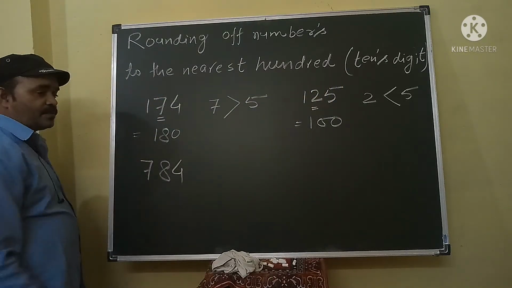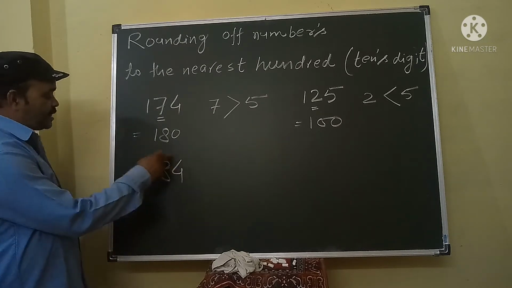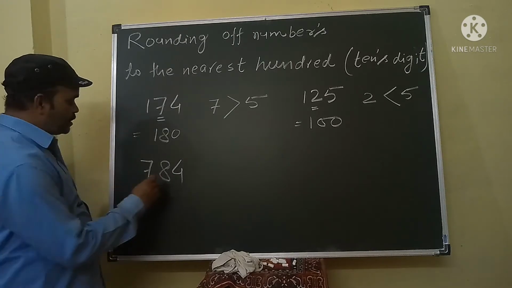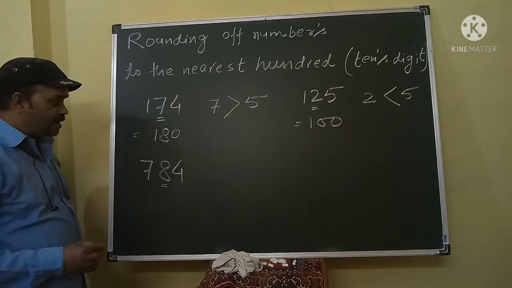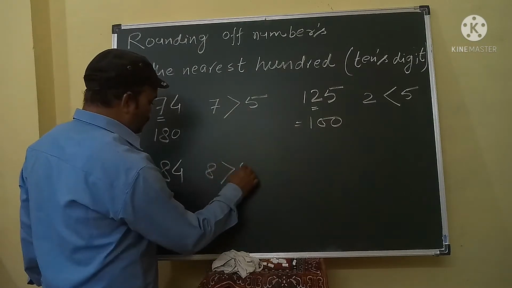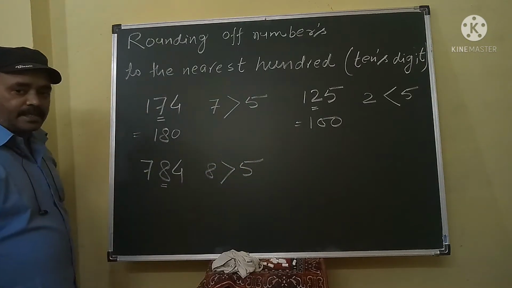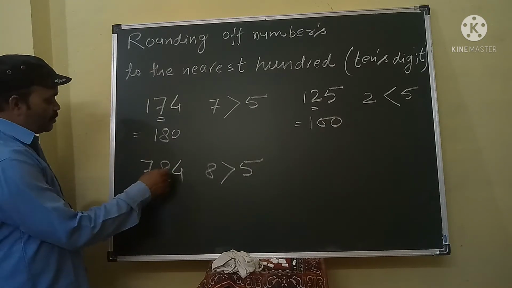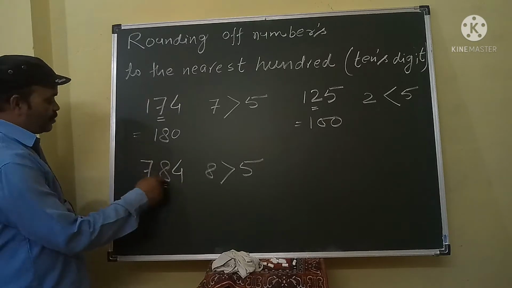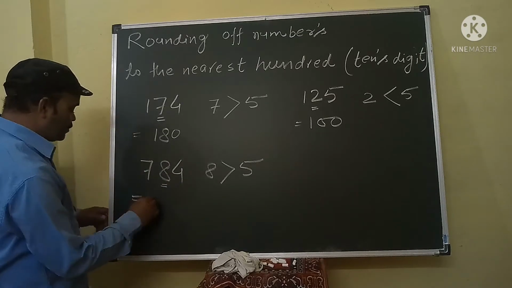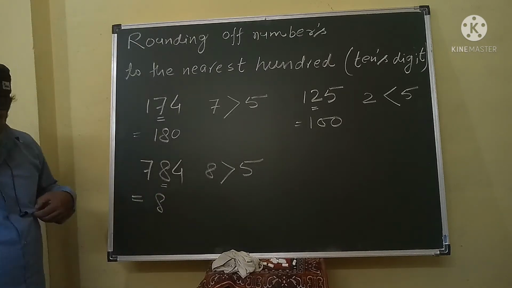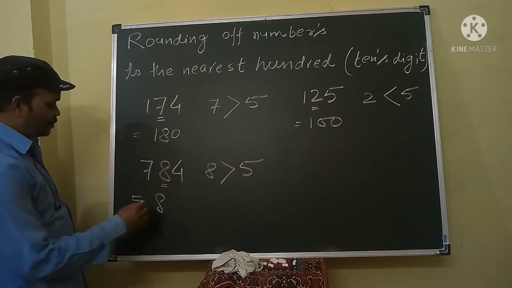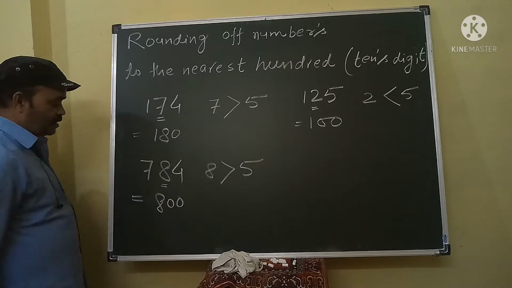In 784, the tens digit value is 8, and 8 is more than 5. In that condition, rounding of 784 will be 800.